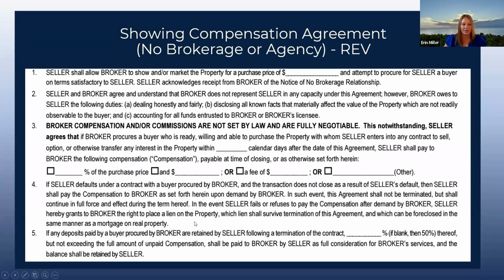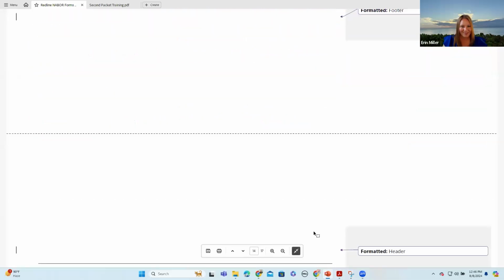And paragraph 4, we understand if the seller defaults under the contract, they would still be required to pay compensation to the listing broker, or the broker in this agreement. Paragraph 5, in the event of a buyer default and the seller gets to keep the buyer's deposit, then there's a retained deposits clause where you can negotiate how much of that deposit would be paid to the broker from the seller. All right, we are moving right along.